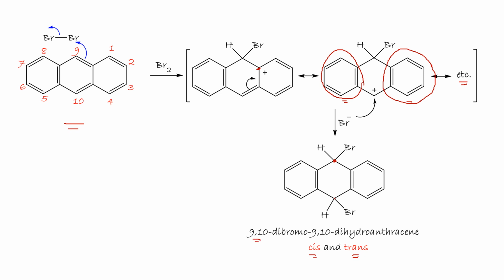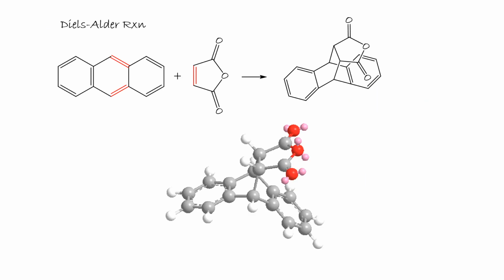Okay, so it's not like the alkene when you have the trans product, when you get the bromonium ion. You get here a carbocation delocalized intermediate, benzenoid.